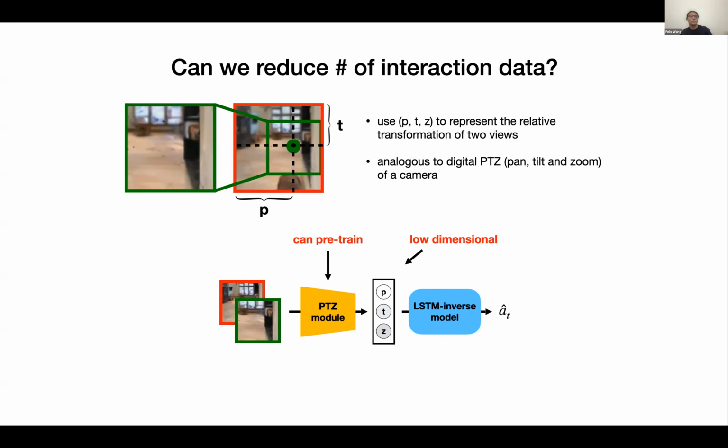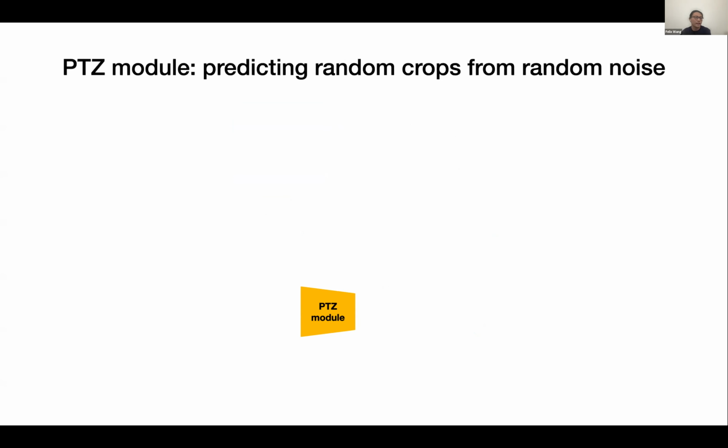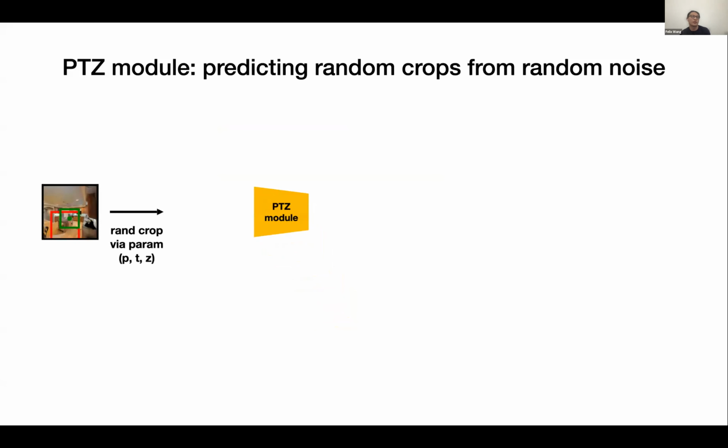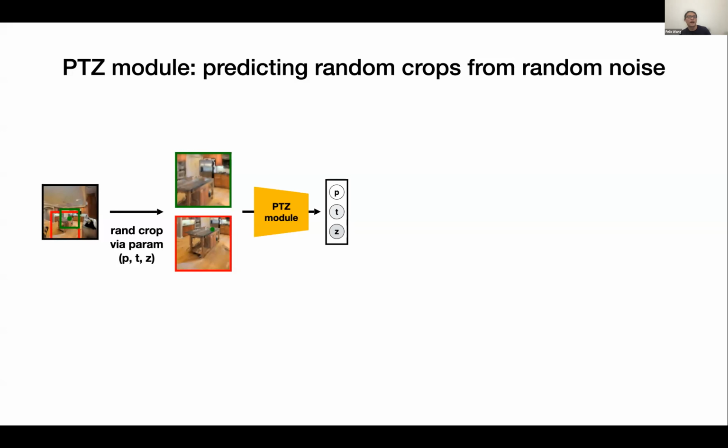Now, if we use this, can we reduce the data need? Let's first see how we train such a module. Given an image, we can randomly crop using the parameterization P, T, and Z and generate two crops, and then we use those to predict the P, T, and Z. Because we have the ground truth P, T, and Z, we can use it to supervise the system.